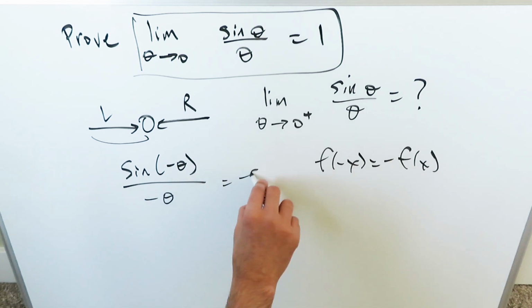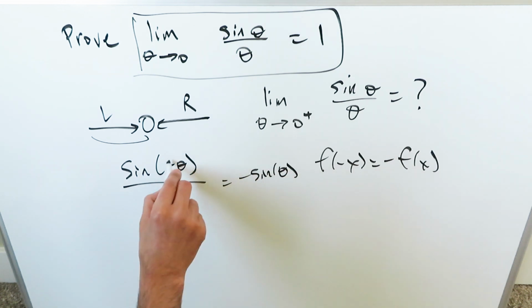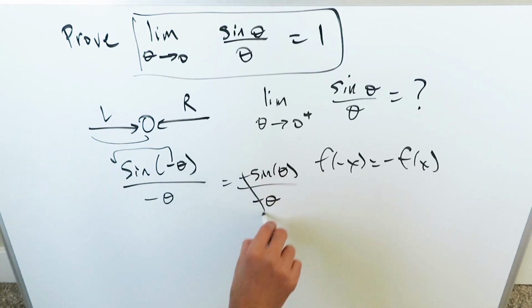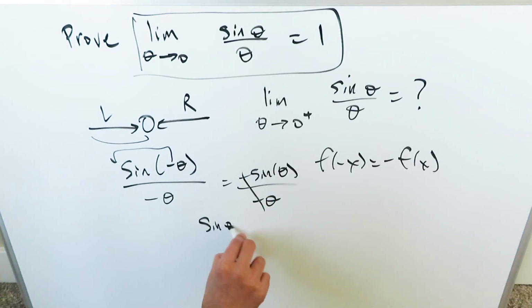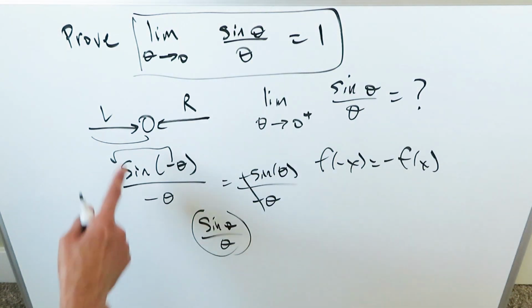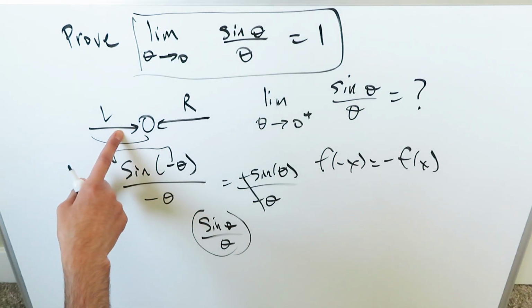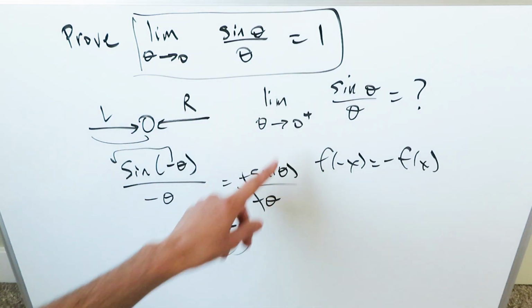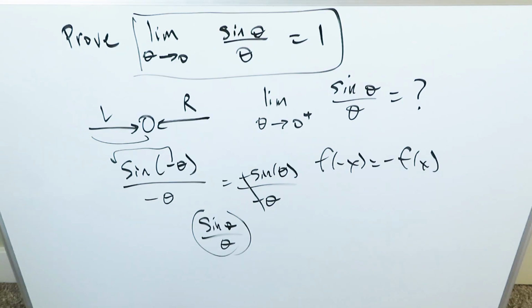In essence, you have minus sine of theta, because you can bring this out using the odd function property, over minus theta. These cancel out, and you are left with sine theta over theta, which means the negative values suddenly become irrelevant. Only the positive side values are applicable, and you can convert this into a right-handed limit only and use that for your proof and for evaluation.